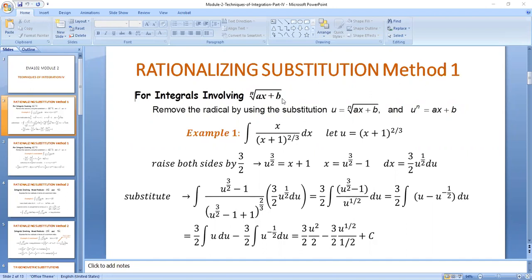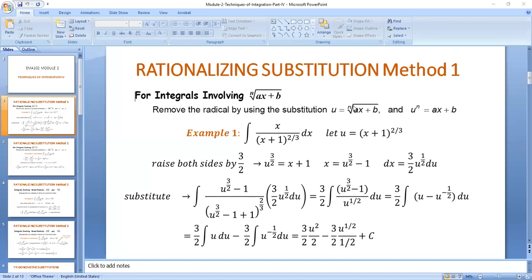Now, how do we go about getting rid of or doing away with this nth root here? Okay, so we assign u, or any variable that you want. You can assign w, v, or any variable. We assign u to this nth root expression that we have. So nth root of ax plus b.